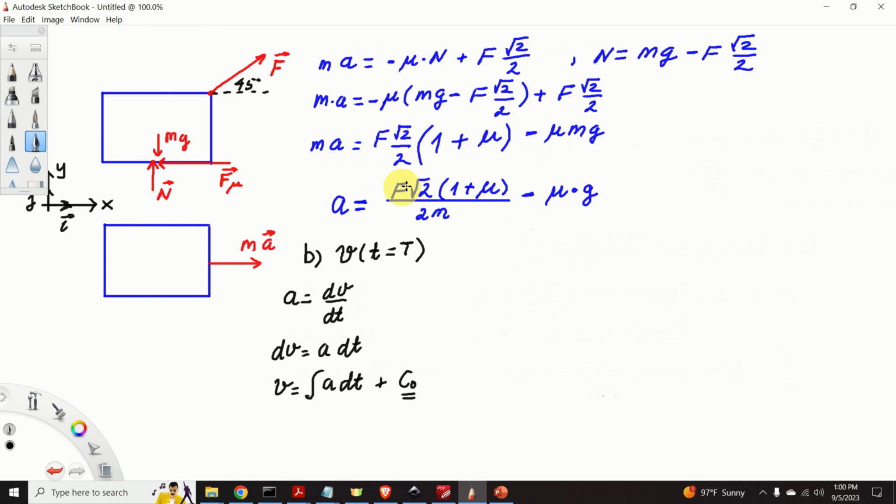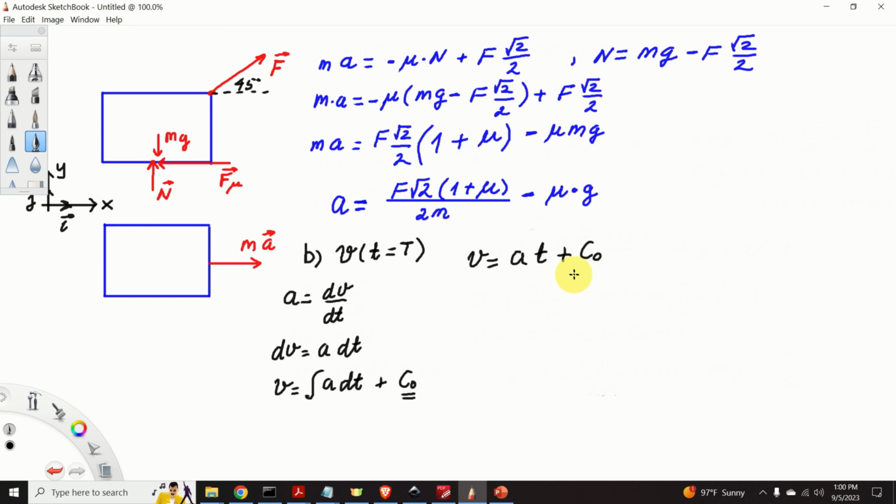Okay, acceleration is given by this equation, and we will not substitute this equation immediately over here. One thing should be observed over here. Acceleration is constant, and consequently velocity is then given as a goes out of the integral, and integral dt is simply t plus c0. Let's determine c0.